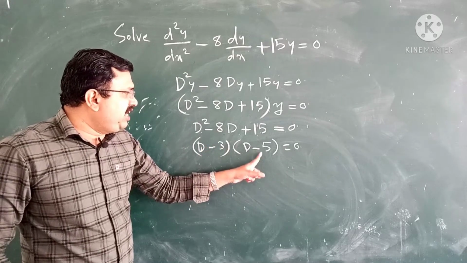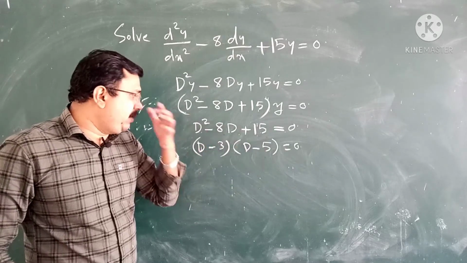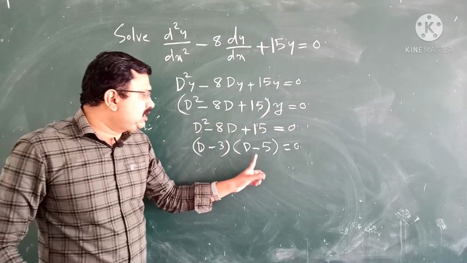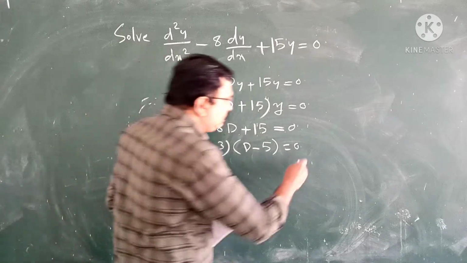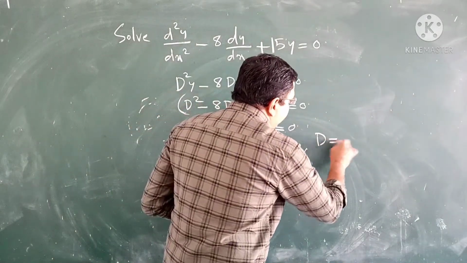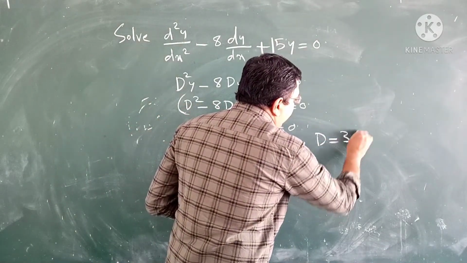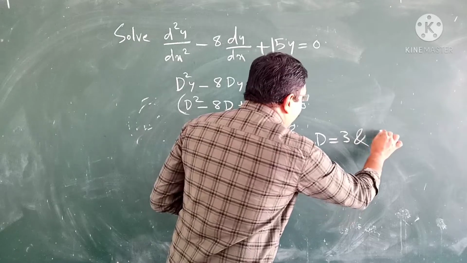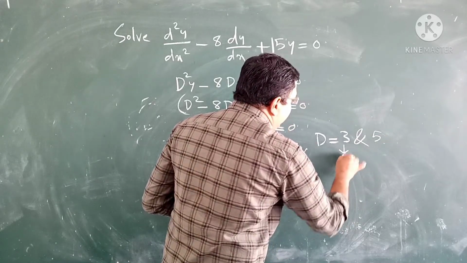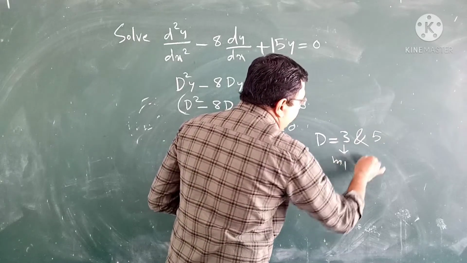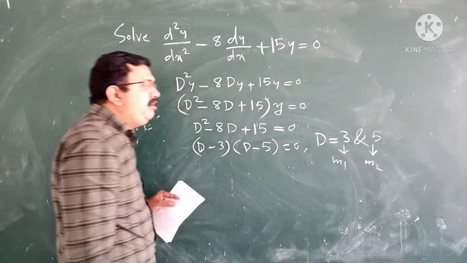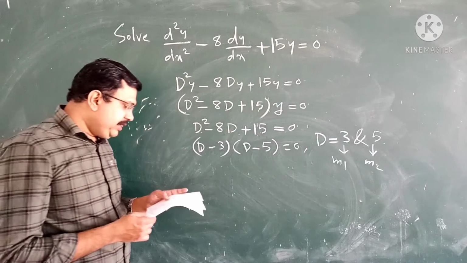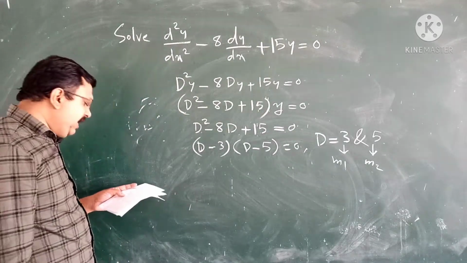Minus 3 into minus 5, product is 15. Therefore, (D minus 3) into (D minus 5) equal to 0. That means we get D equal to 3 and D equal to 5. That is, here 3 is our m1, 5 is our m2. Two real and different roots. Okay. Then the roots are real and different.